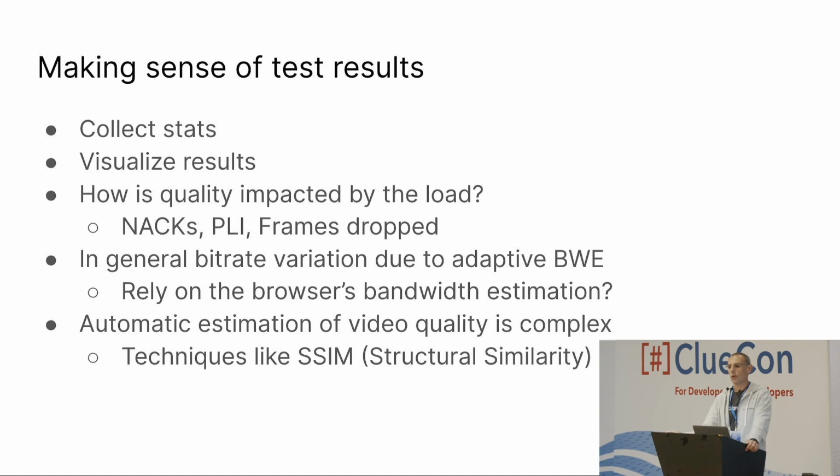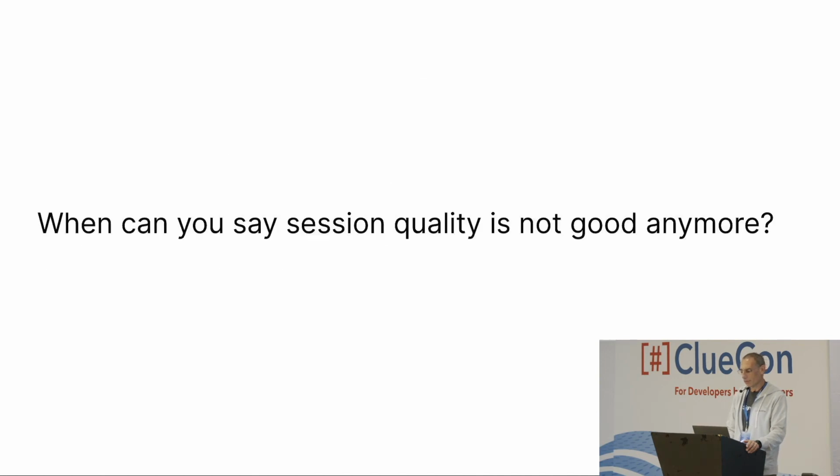And I saw also Dr. Alex some time ago published a paper where they had a machine learning based system for estimating the variation of the video quality automatically by looking at the video without the need for a pre-known reference image or reference video.